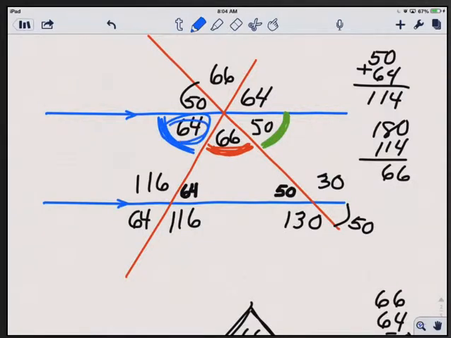But this 64-degree angle is equal to this 64-degree angle because they are corresponding angles. Alternate interior angles have to be equal. This angle over here would have been the corresponding angle to the one I'm looking at, or vertical to the other 64.